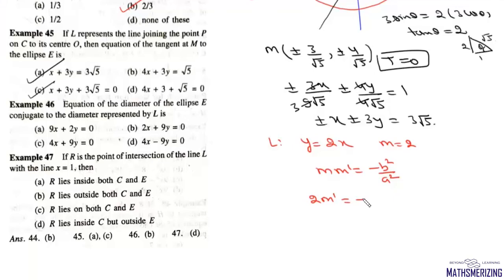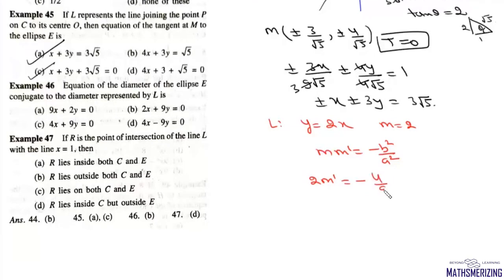Now what's b square? b square is 4 and a square is 9. So we'll get the value of m dash as minus 2 by 9. So the equation of its conjugate diameter will be y equals minus 2 by 9 x or 9y plus 2x equals 0 and that's your option number B.